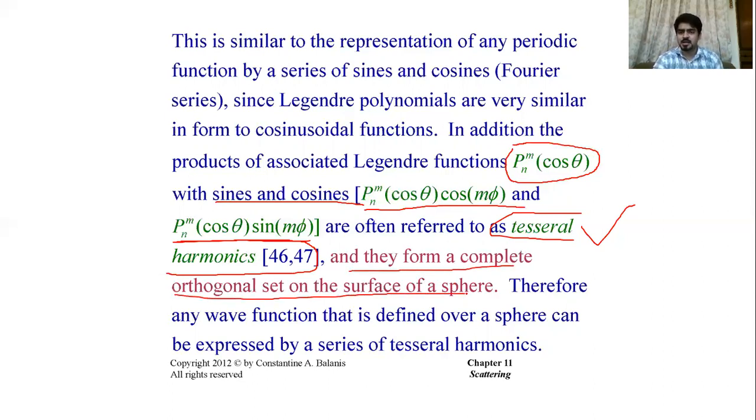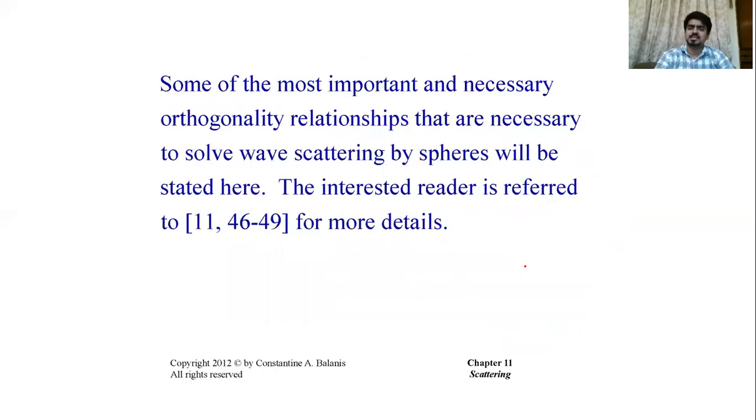If we are considering a surface over a sphere, then over that surface we can use this set of orthogonal functions, known as tesseral harmonics, which are nothing but a multiplication of associated Legendre functions with sines and cosines. And we can again write any arbitrary function as a summation of these orthogonal functions.